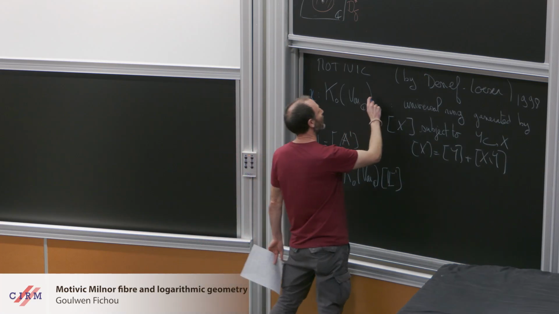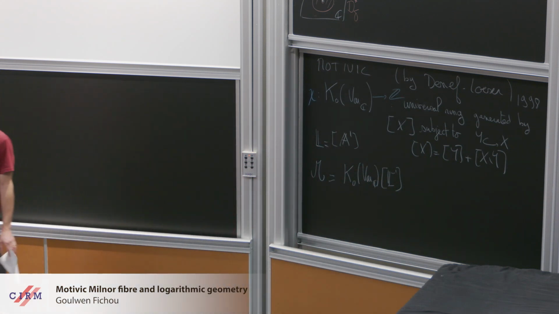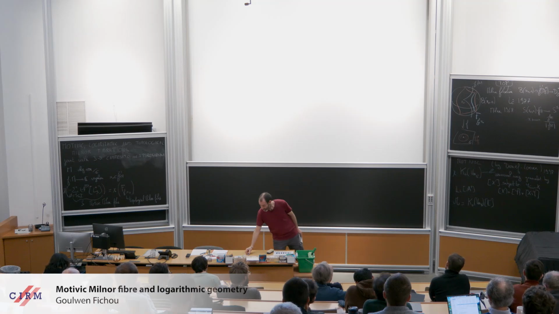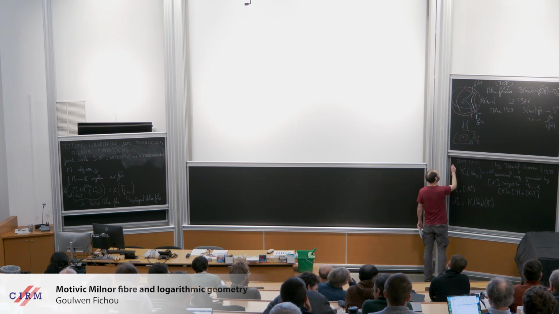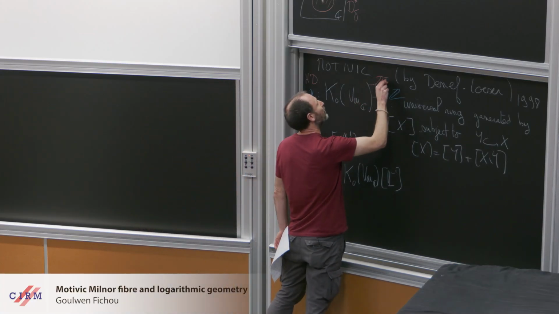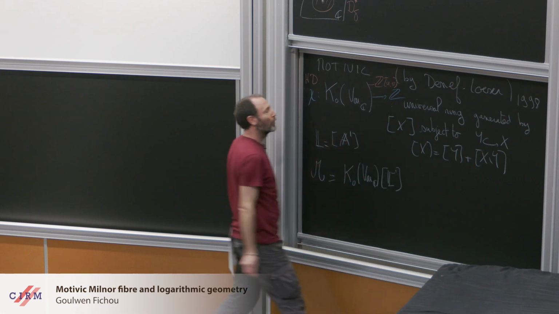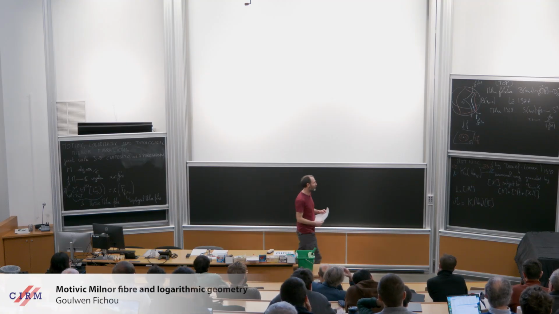An Euler characteristic gives you a morphism to the integers, and if you have any other such additive morphism, for instance, Hodge-Deligne polynomial, this gives you an additive invariant from this ring to a polynomial ring. So this is universal.